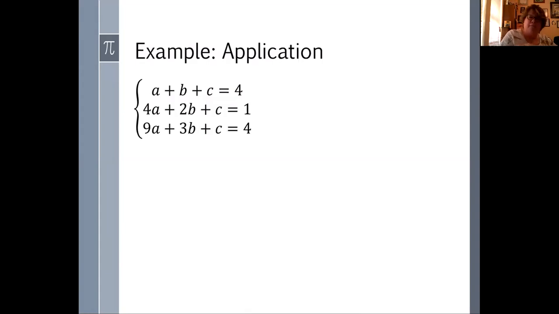I'm going to multiply the first equation by -1, both sides. And I obtain -A minus B minus C equals -4. And then I'm going to add that to equation 2.